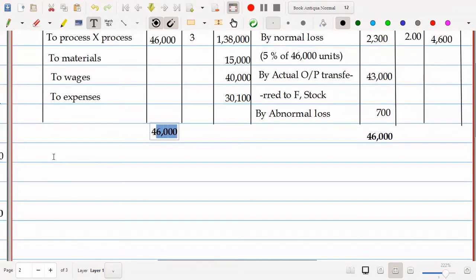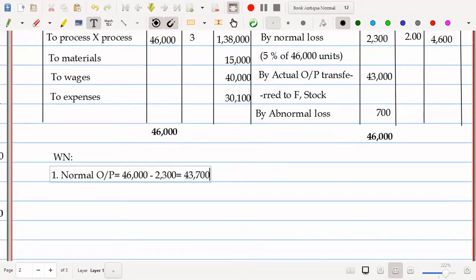Working note number 1. First, we have to calculate normal output. Normal output is equal to input, 46,000, minus normal loss. Normal loss is 2,300 units. That comes to 43,700 units. And the next working note is CPU.